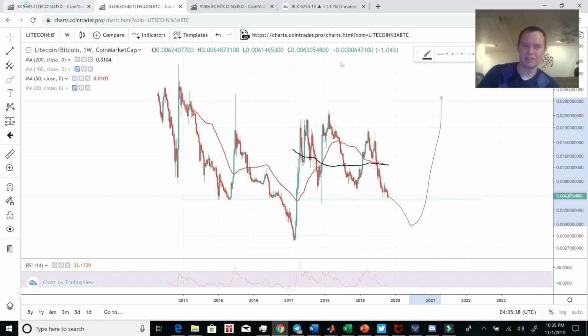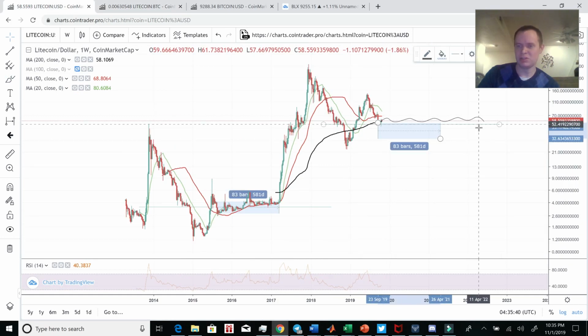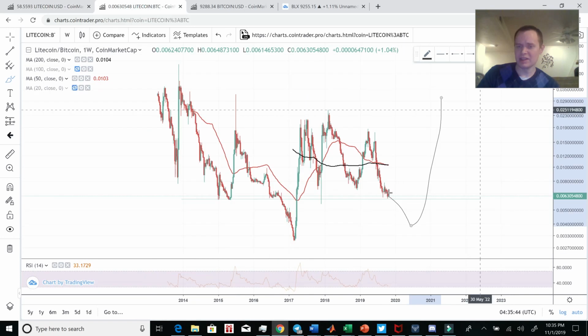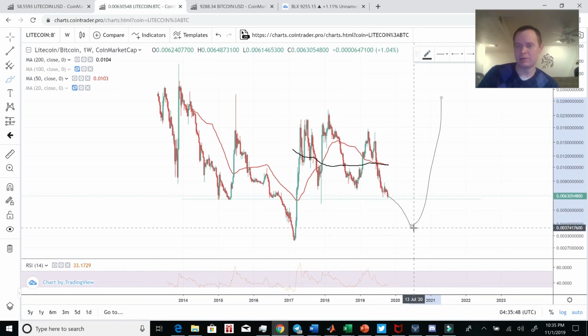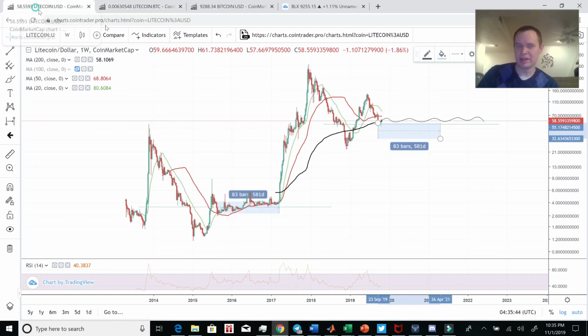In fact, as I mentioned, it could just be in this range doing a whole lot of nothing for a little while. If it does that, then its ratio with respect to Bitcoin will fall until Bitcoin reaches its previous all-time high, and then it'll skyrocket if the cycle repeats itself. And when it does go up, it goes up quickly.